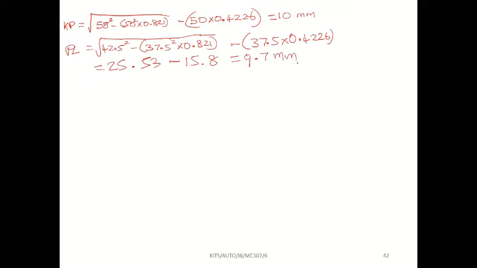Actually, this is 10.4, because here decimal matters. 10.47, that is. Otherwise 10.5 we can say. So 10.5.